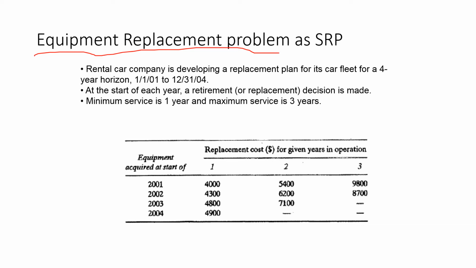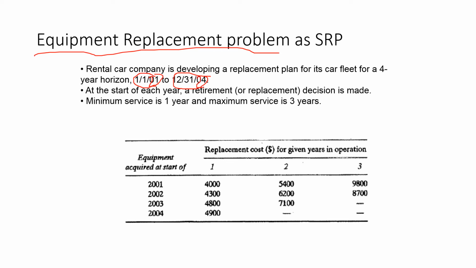And you're going to think of these as future dates. So for example, starting January 1st of 2021 all the way to December 31st of 2024.